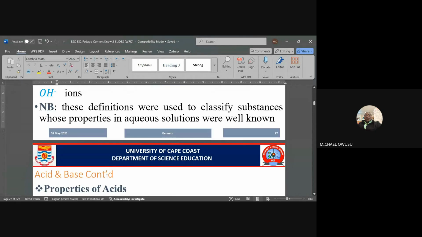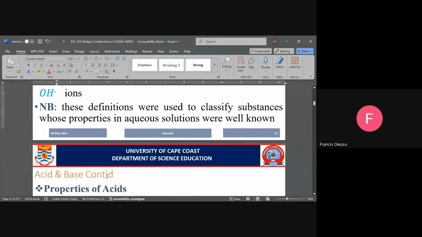That's good. Any other? Acids are corrosive. Corrosive when concentrated. Good, that's good. Any other?